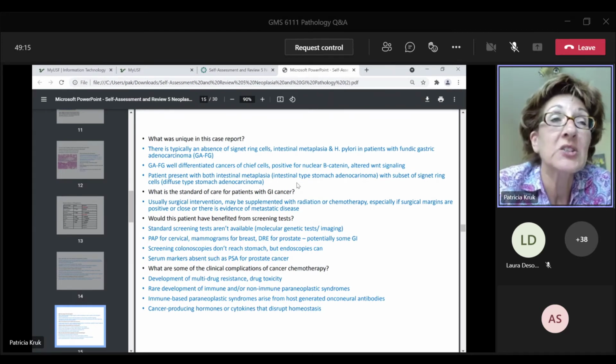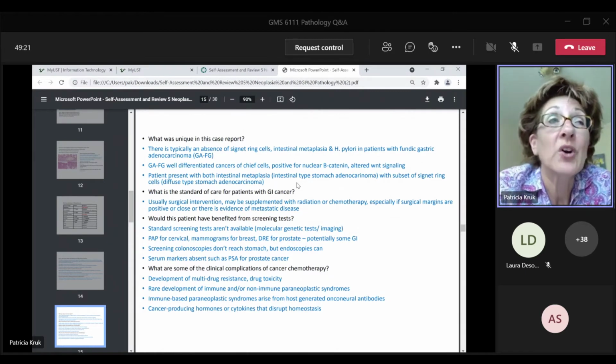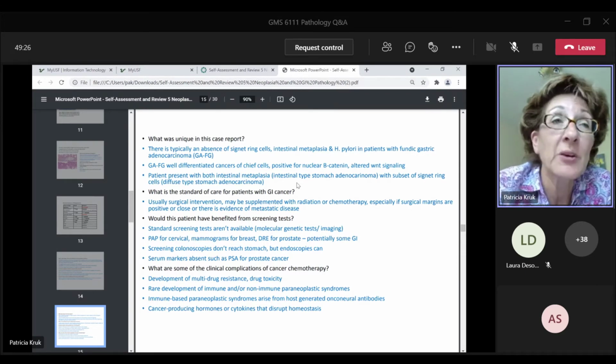So those are things like trying to increase metabolism of the drug. They may try to re-export the drug. They try and increase DNA repair capacities.